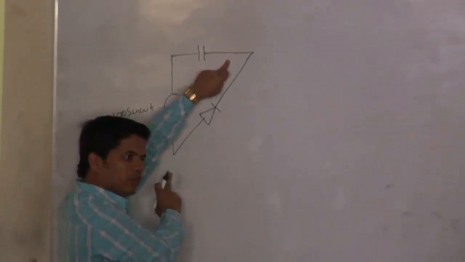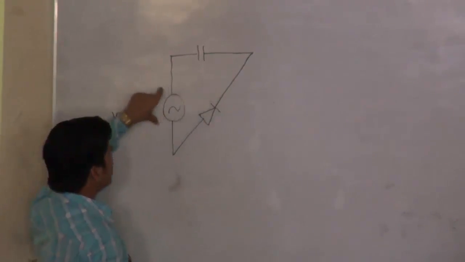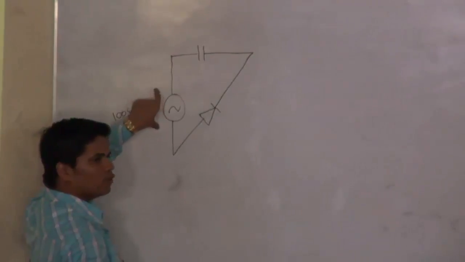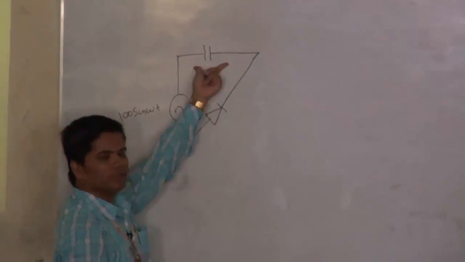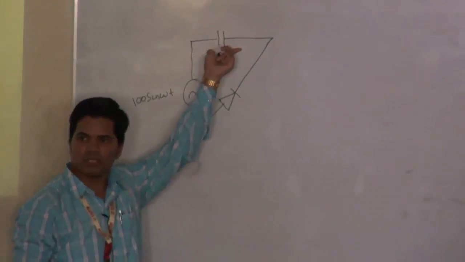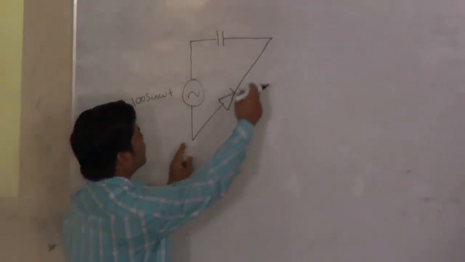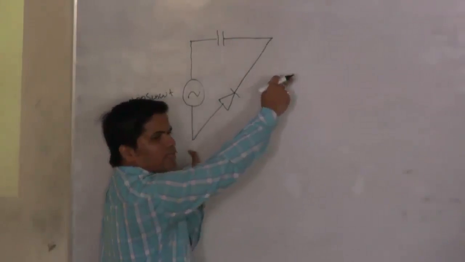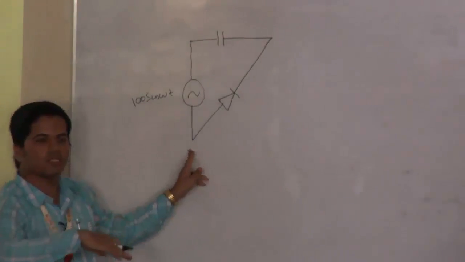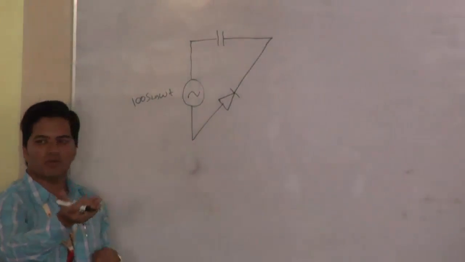So across these two terminals, how much voltage will we get? Here we are providing 100 sin omega t, and up to V max, 100 volt, this capacitor will be completely charged. So this is your 100 volt, this is your 100 volt. Across these two terminals we will get a voltage which is more than 0 volt.